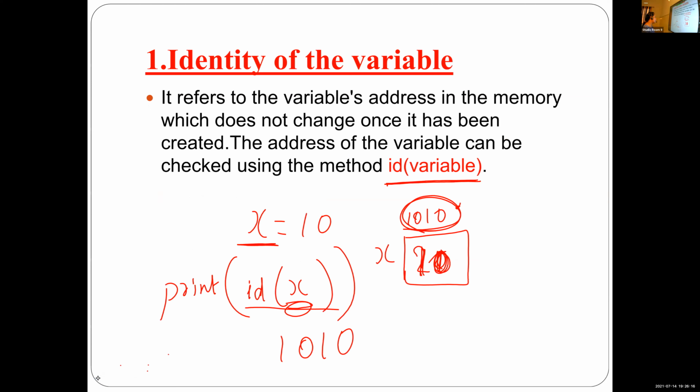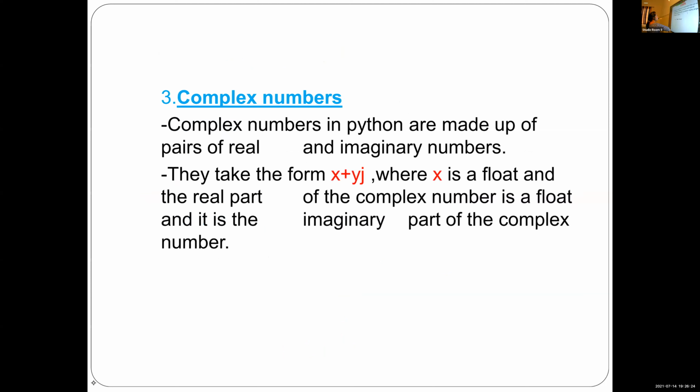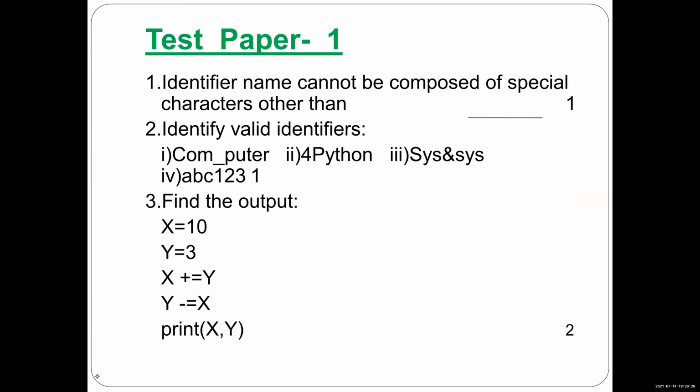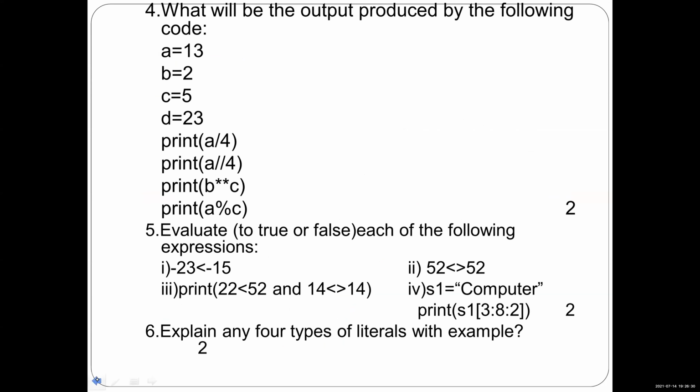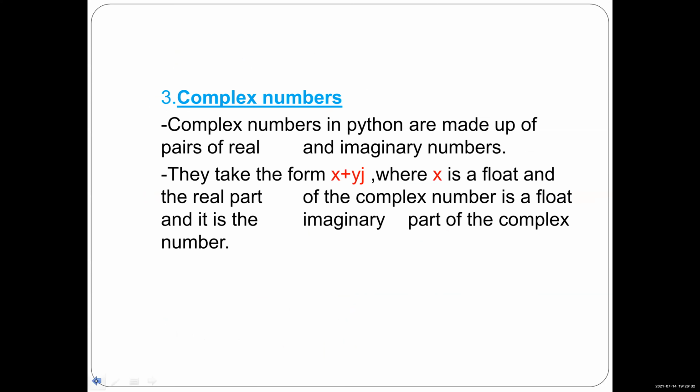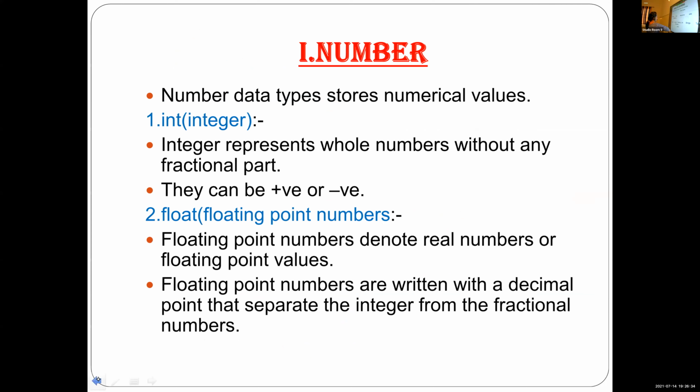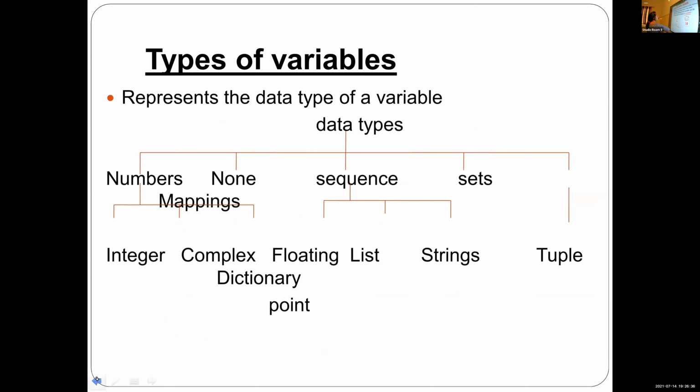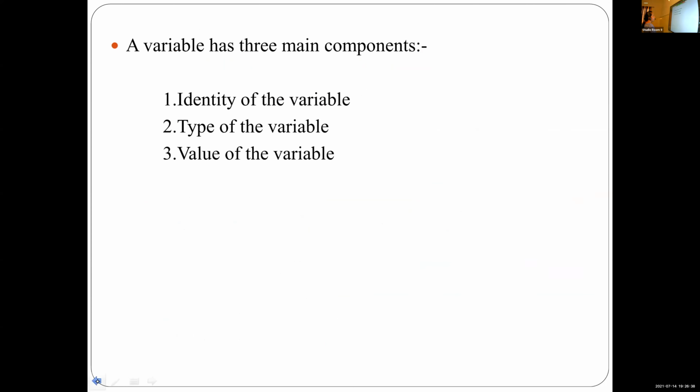Anir Salian? Yes, ma'am. What is the identity of a variable? Ma'am, it refers to the variable's address in memory, which does not change once it is created. Correct. So this is the identity of a variable.